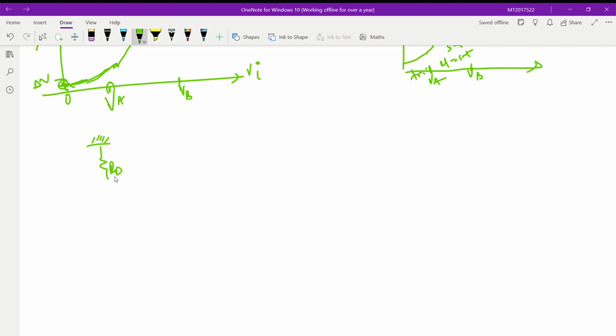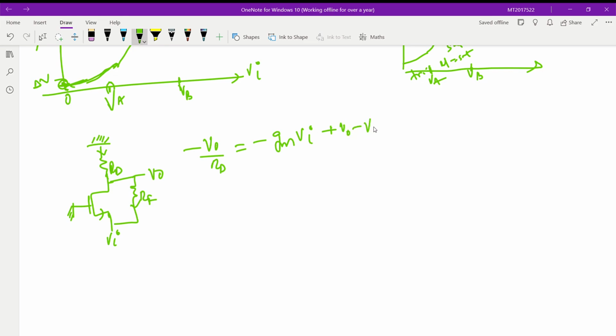RD, RF, Vi. This is ground, this is Vout. So we'll arbitrarily assign the currents. At node Vout, this is minus Vout by RD equal to minus gm Vi plus (Vout minus Vi) by RF, right?